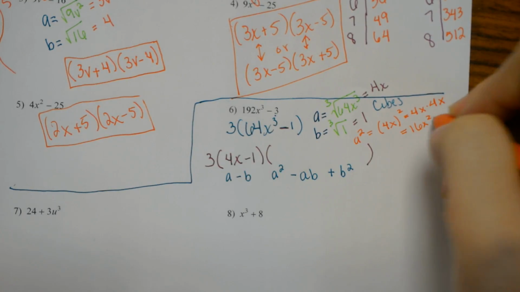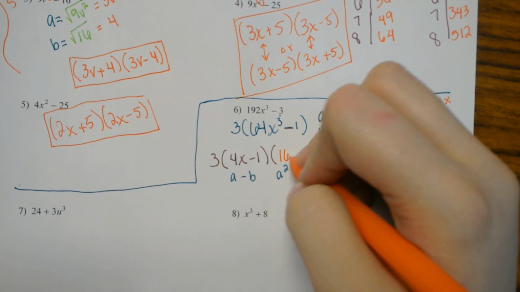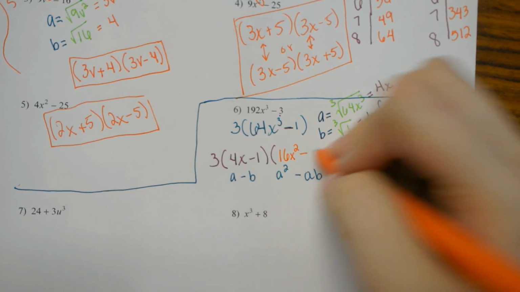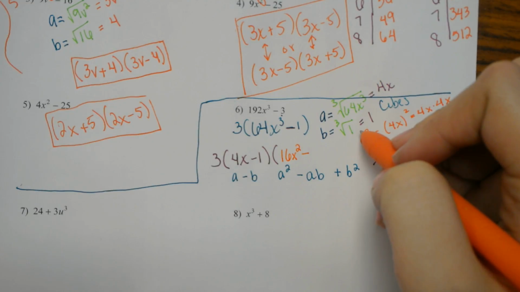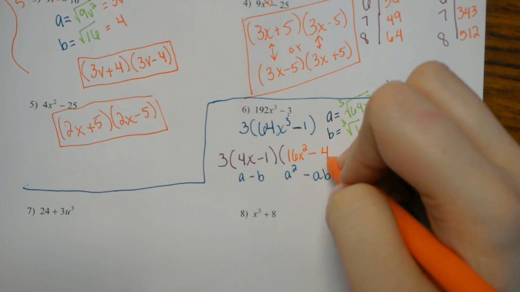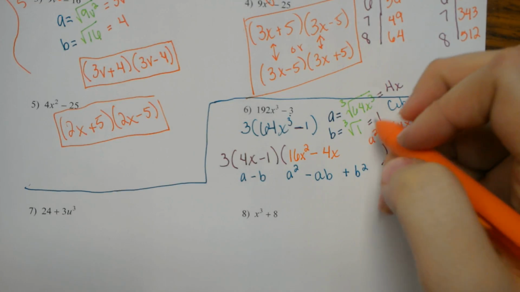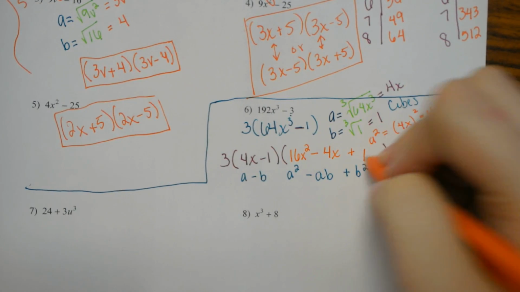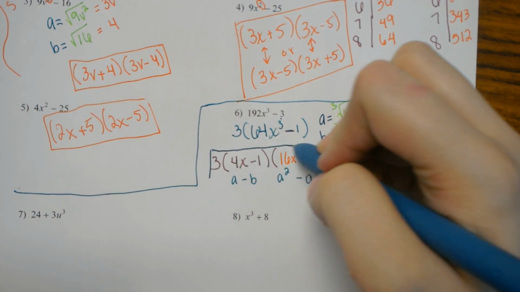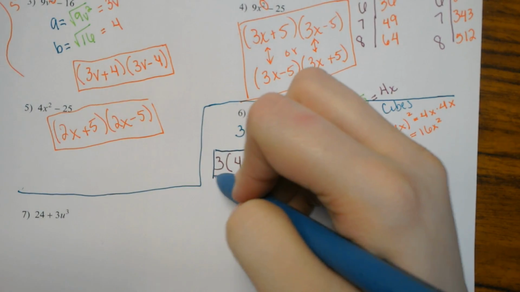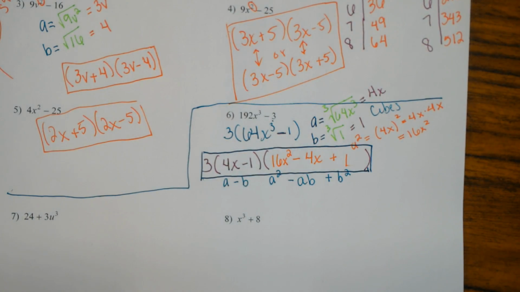That's 16x squared. Then a times b, 4x times 1, that's 4x. And then b squared is 1 squared, so it's just 1. So that is my answer.